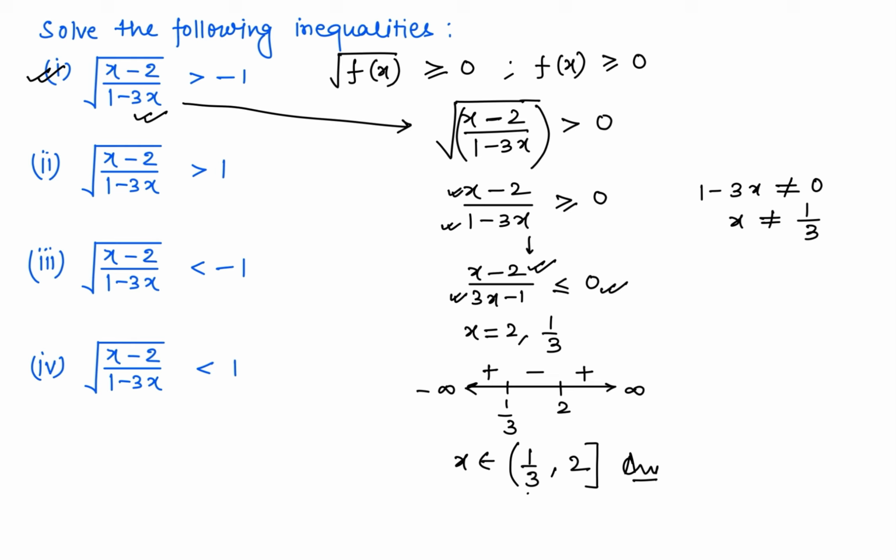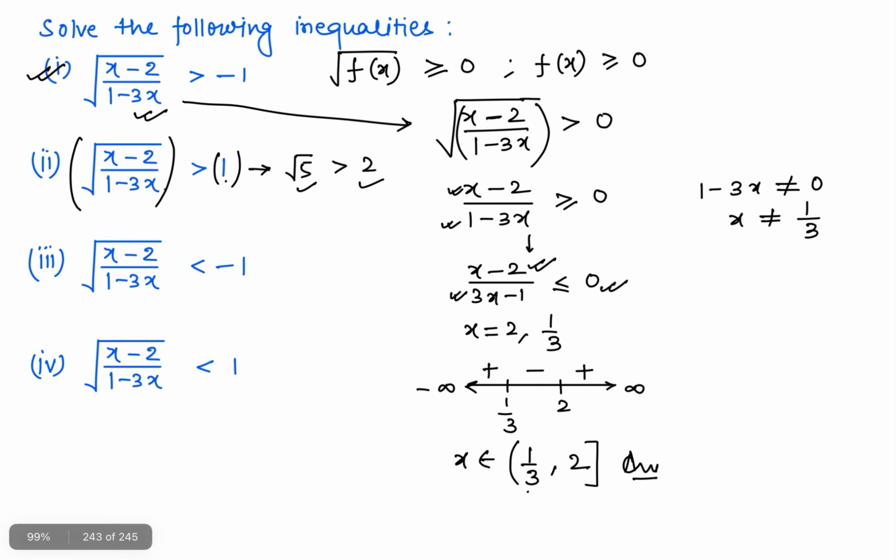In the second question we can see that the root is a non-negative number, it is also a positive number. So we can square both sides. We can understand this fact like this: it is given that root 5 is greater than 2, so it is positive, it is positive. So we can square both sides so that the inequality doesn't get violated.